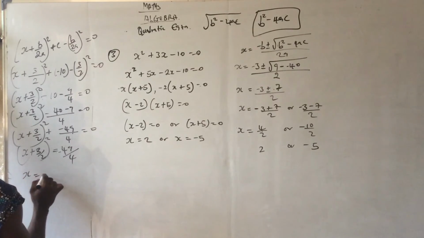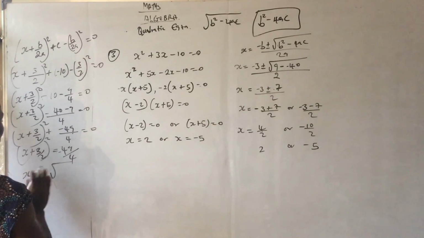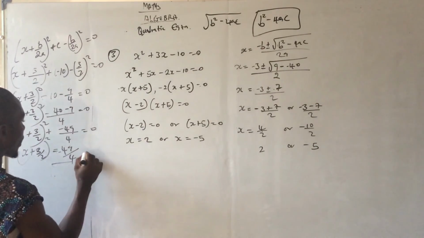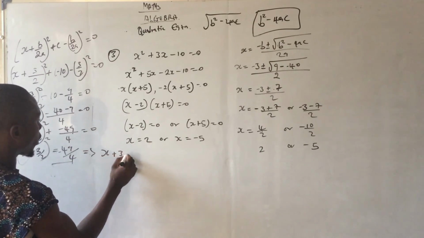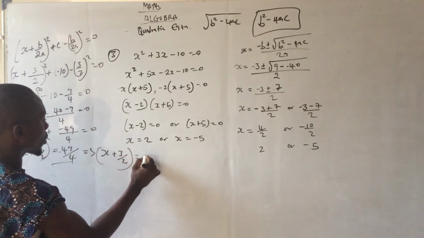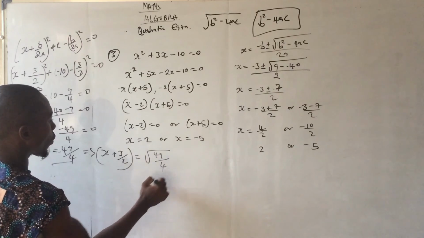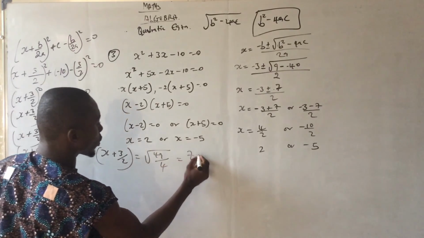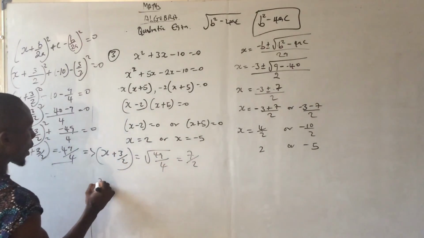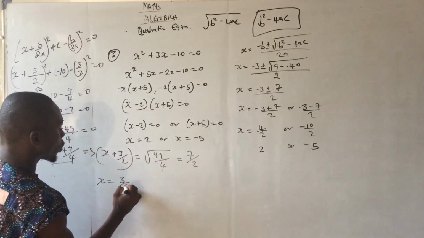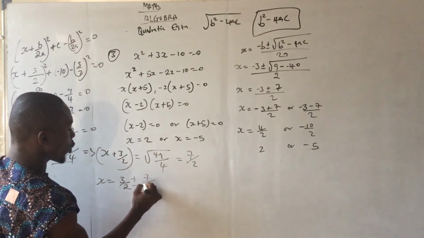So taking the square root, this implies that x plus 3 over 2 is equal to the square root of 49 over 4, to give us 7 over 2. Meaning that x is equal to minus 3 over 2 plus or minus 7 over 2.